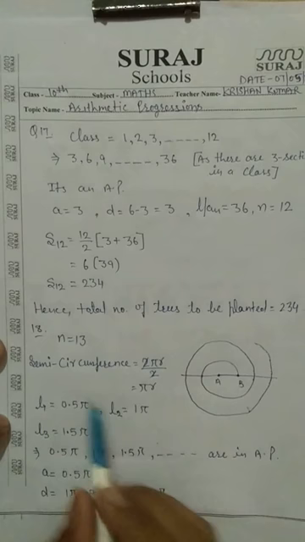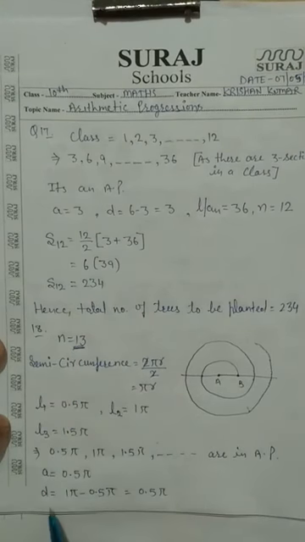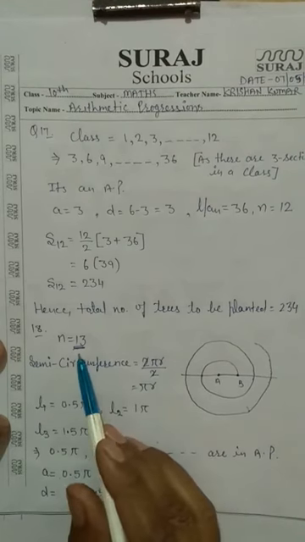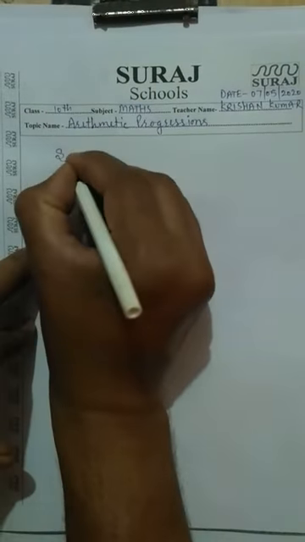N is 13. So beta, for the Sn formula, A is given, D is given, N is given. What is not given? Sn. So we find that by the Sn formula. So students, we apply S13.